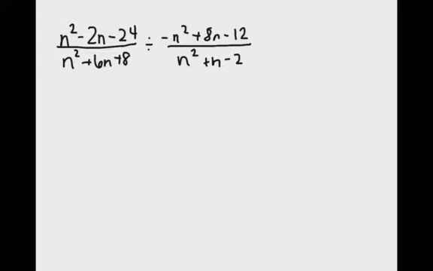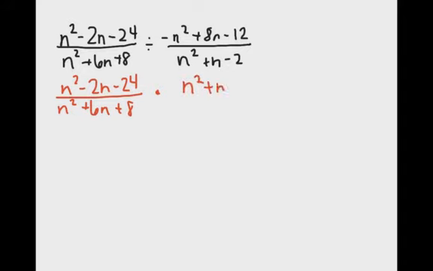So our first fraction is going to stay the same, with our n squared minus 2n minus 24 over n squared plus 6n plus 8, and then we multiply times our reciprocal, so our n squared plus n minus 2 goes on the top, all over negative n squared plus 8n minus 12.